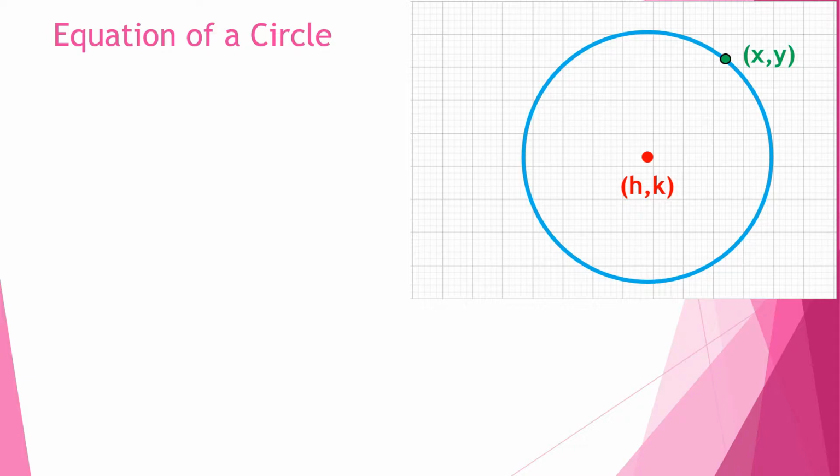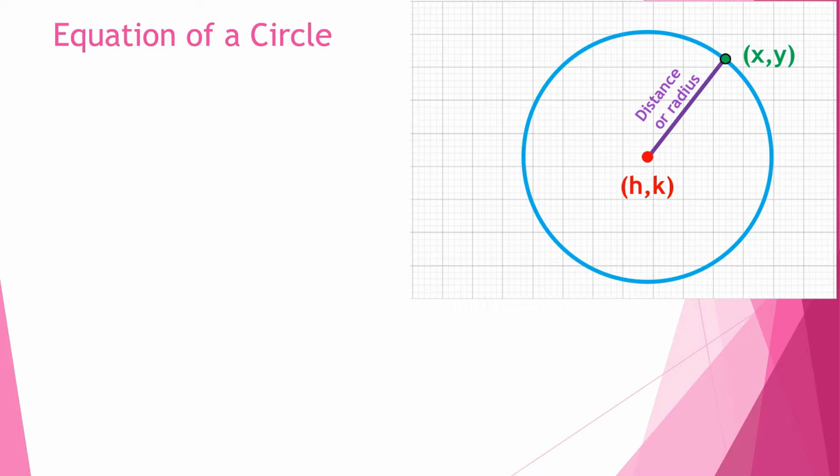According to the definition of circle, the points on the circle will have the same distance from the center, so therefore, all we have to do is to get the equation that describes the distance between the points on the circle and the center. And that will be your radius. Or all we have to do is to find the distance between the center and the point on the circle, and that will be the equation of your circle.